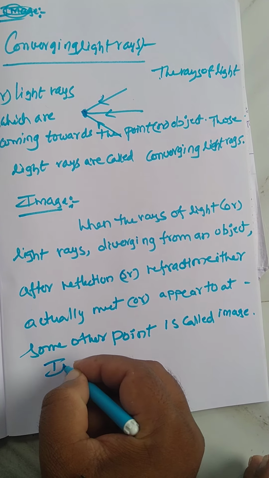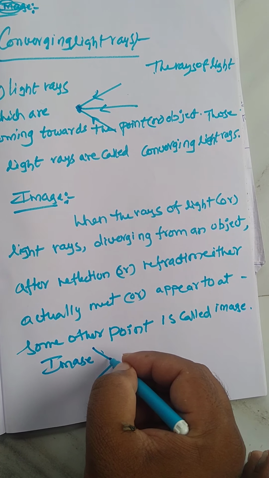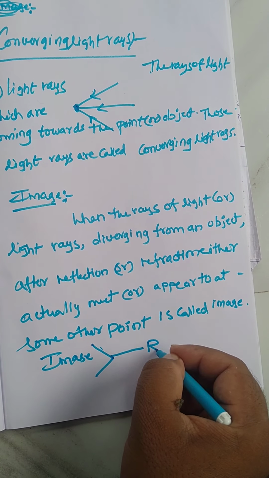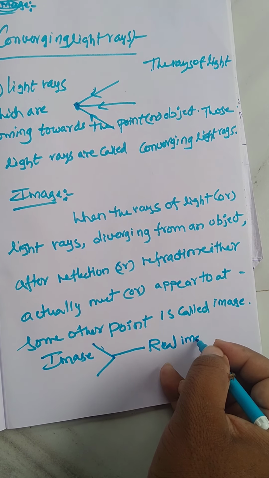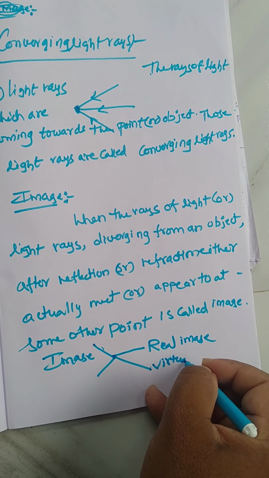Images are classified into two types. What are they? One is the real image, and the second one is the virtual image.